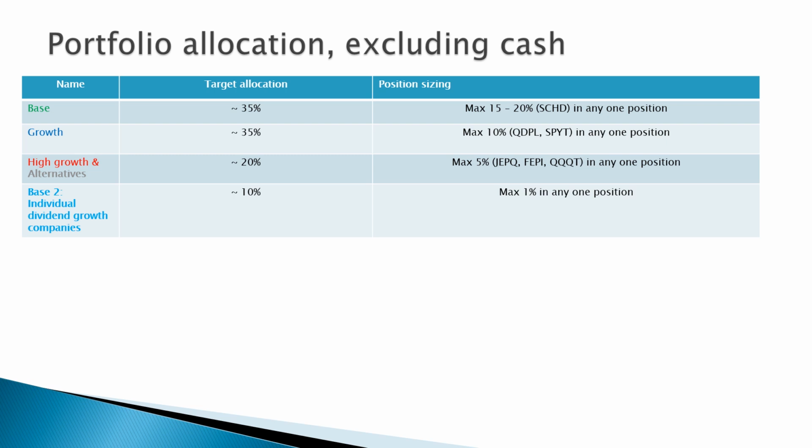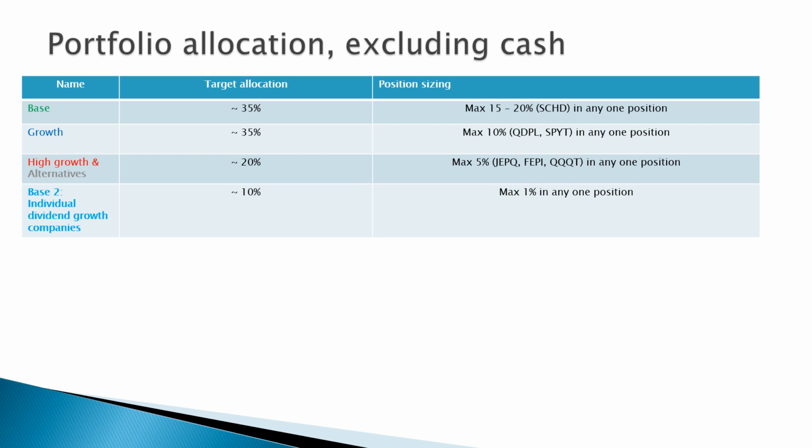The growth portion was based on the S&P 500, with examples like QDPL, SPYT, ISPY, SPYI, and so on. High growth were the NASDAQ based ones like QQQT and JEPQ being examples there. And alternatives were SWOL and MAXI, and then the individual company-based ETFs from Kurv, the ones that were based on Google and Apple and Microsoft.